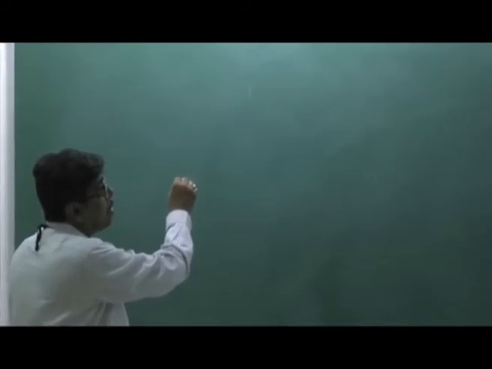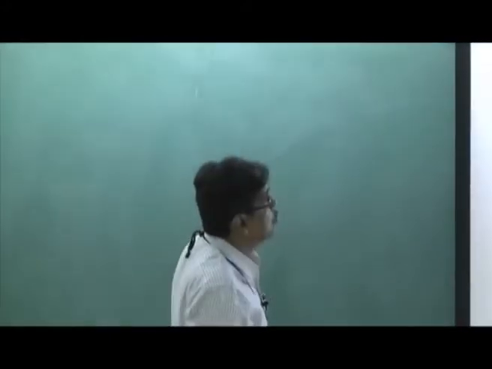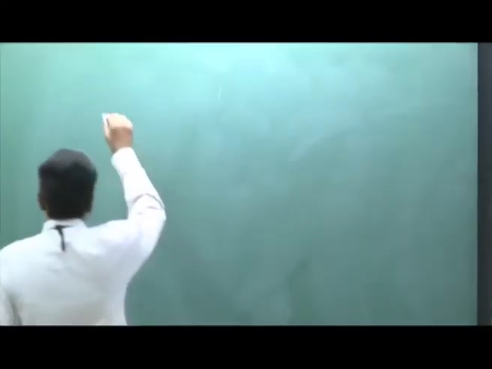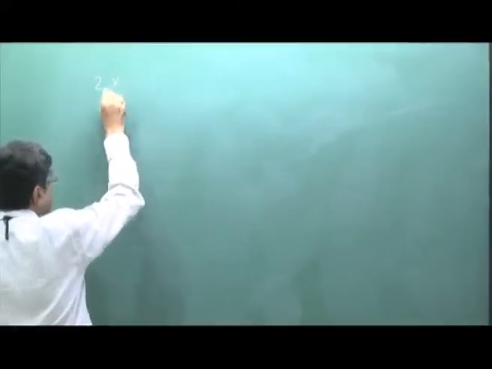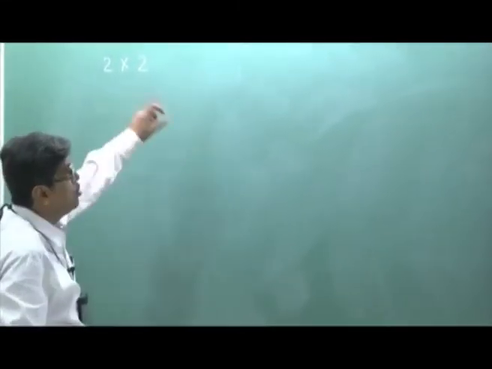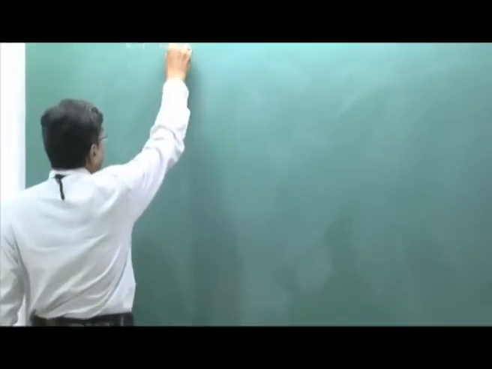Now what is m dot h? You tell me. M dot h is 2 kg per second, yes. 2 into, what is the specific heat? 2 kilojoule. I am writing in terms of kilojoule, it will be cancelled. Then TH1 is what?